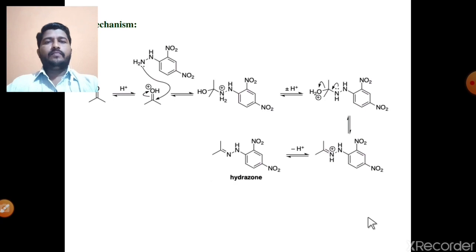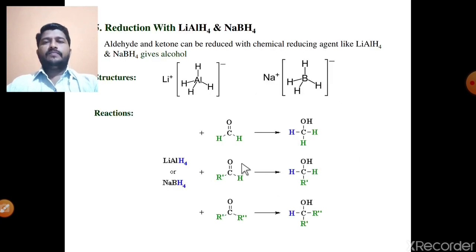These are the fourth reaction. The fifth reaction is reduction with a strong reducing agent. The first reducing agent is lithium aluminum hydride, and the next is sodium borohydride. The basic difference between these two reagents: lithium aluminum hydride is a versatile reducing agent that reduces all types of functional groups, but sodium borohydride is a chemoselective reducing agent.